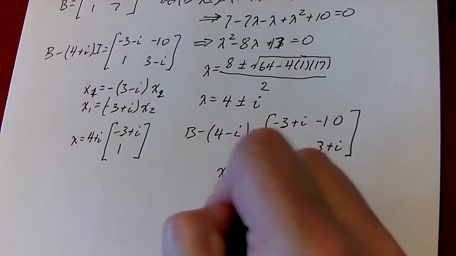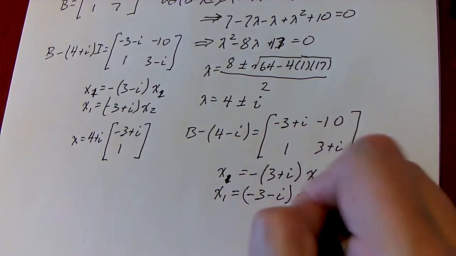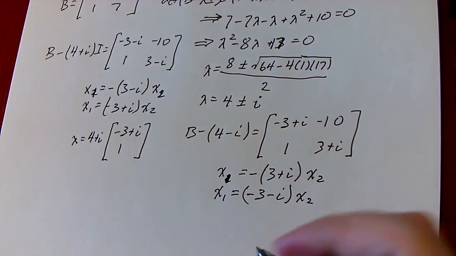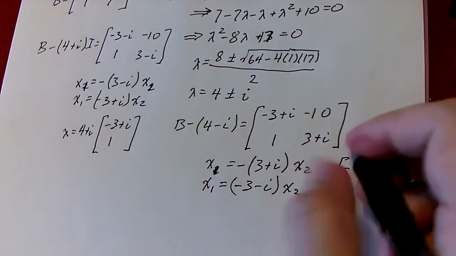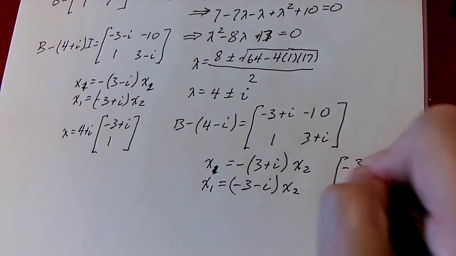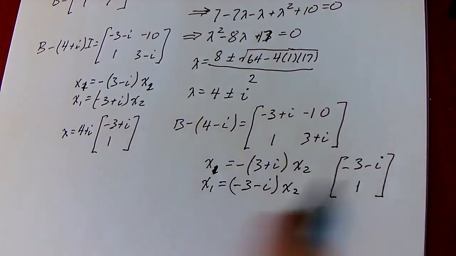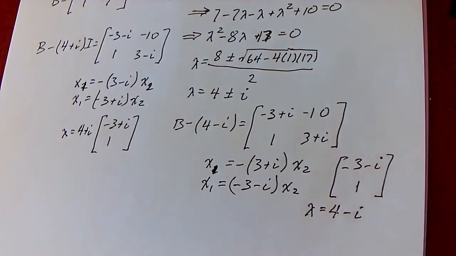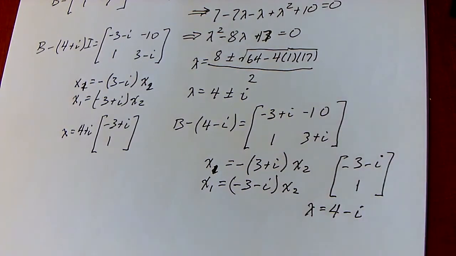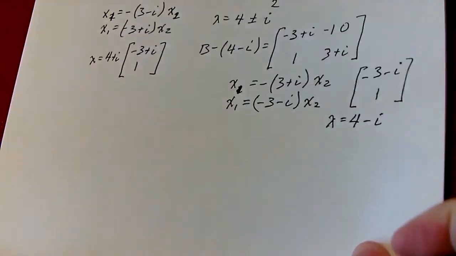So x1 is equal to negative 3 minus i, x2. So my vector then is going to be negative 3 minus i and 1. And again, notice that those are conjugates of each other. And this one was for lambda equals 4 minus i. So we use that conjugate property that the middle sign changes from plus to minus or minus to plus. We use that a lot when we're doing complex eigenvalues.